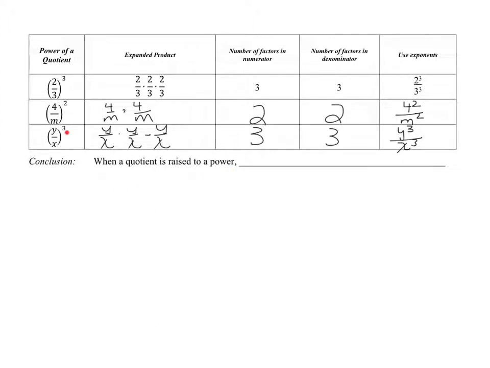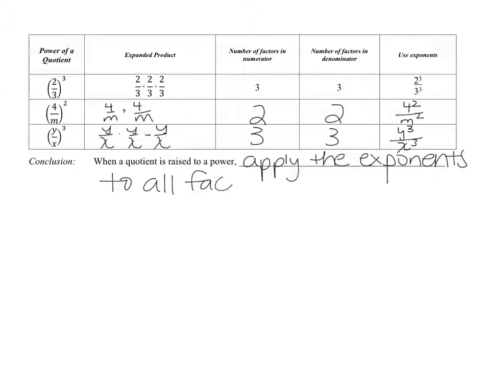You just bring the exponent in, but you have to remember to apply the exponent to all the factors on the top and all the factors on the bottom, right? So you apply the exponent to all factors in the numerator and denominator.